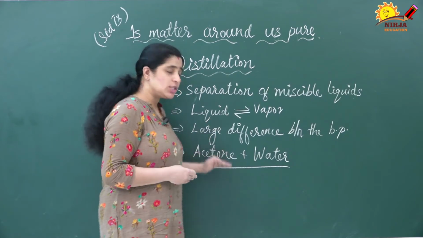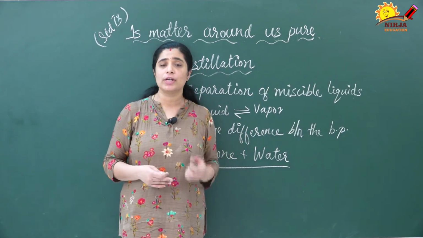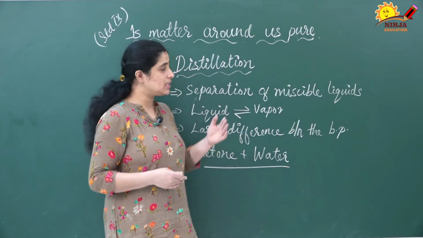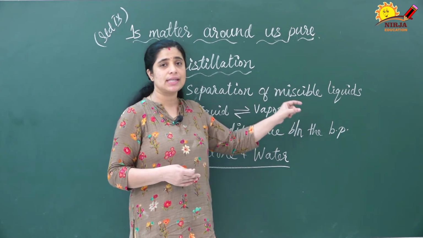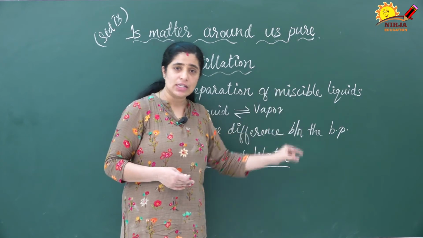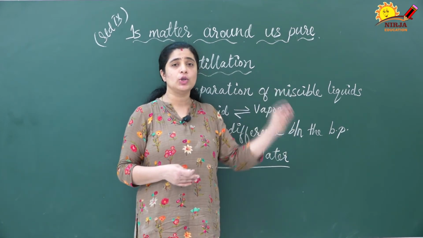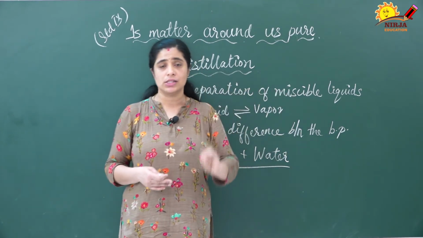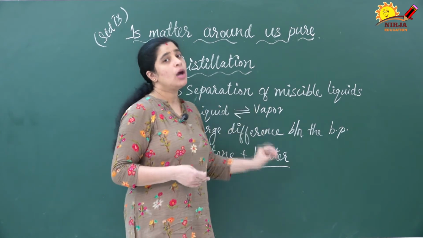So once the acetone starts boiling, the evaporation of the acetone will start. You can see that the condensation is occurring there. Water outlets are there, so condensation will occur. After that you can collect the pure acetone in liquid form in the conical flask.